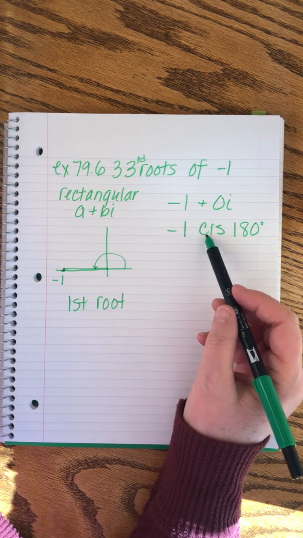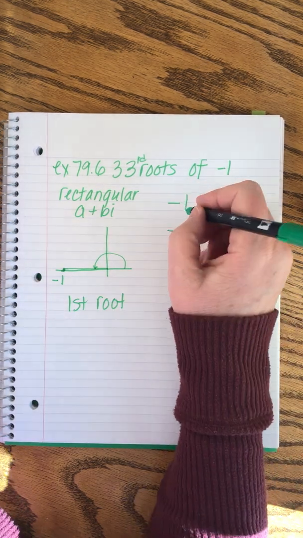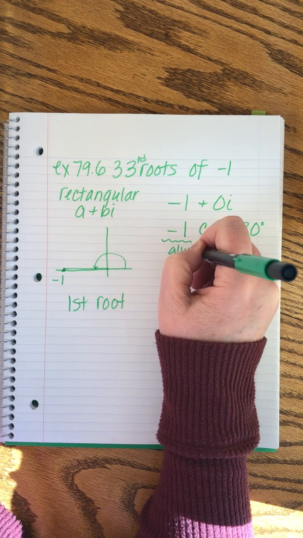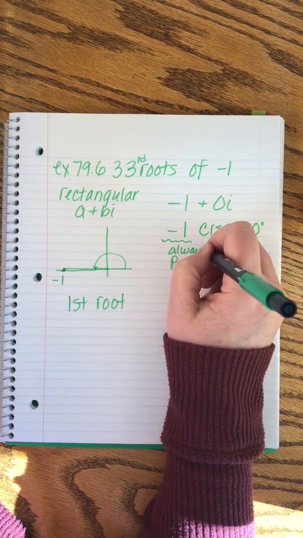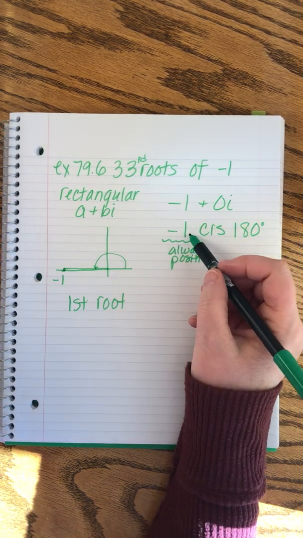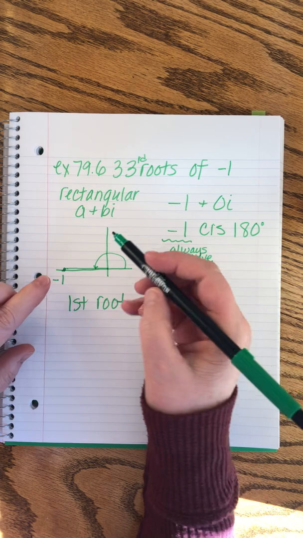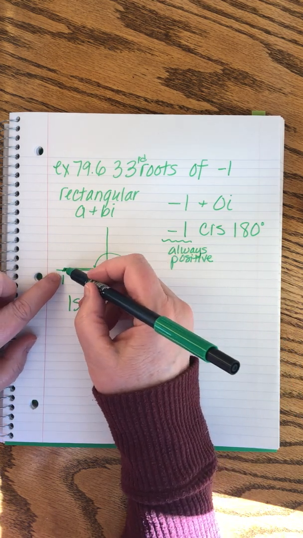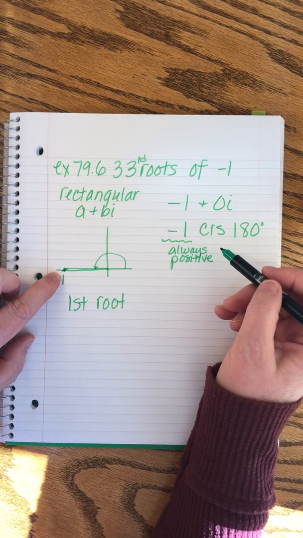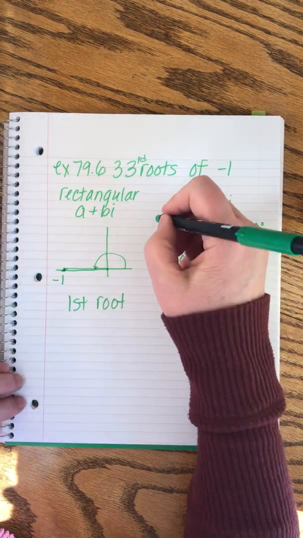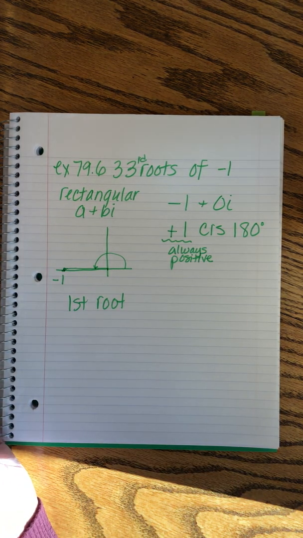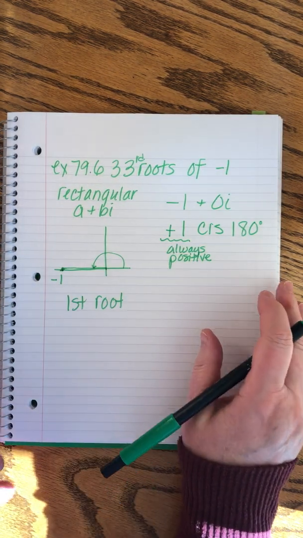When we are writing in polar form, this number is always positive, because the hypotenuse, and this is the way I remember it, can never be a negative number. The hypotenuse will always be positive 1, right? So we change this negative into a positive. Always.